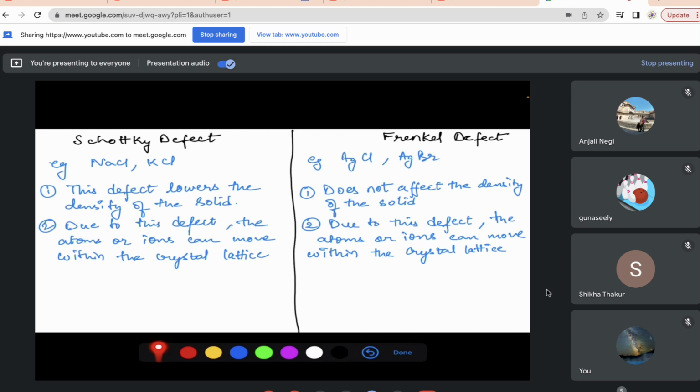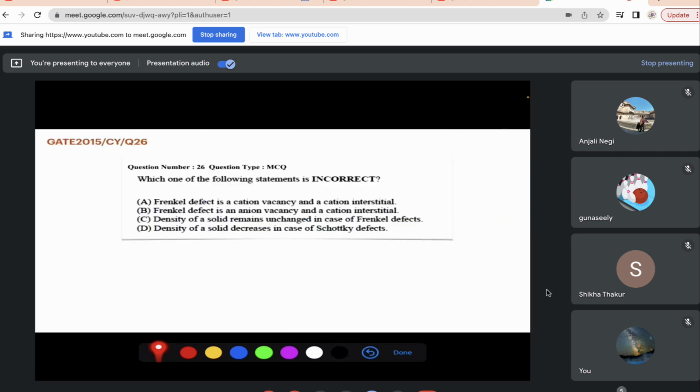The Schottky defect lowers the density of the solid, as I have discussed. Due to the Frenkel defect, the atoms or ions can move within the crystal lattice, but it does not affect the density of the solid. So these are the two differences.